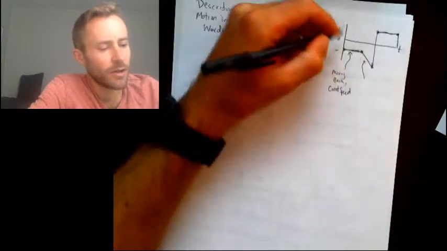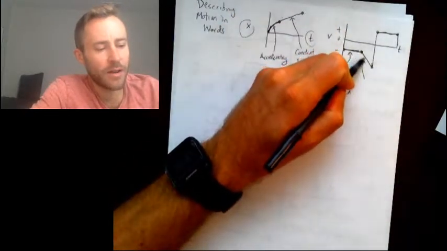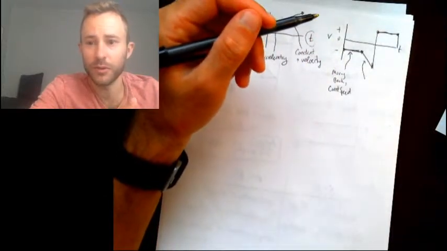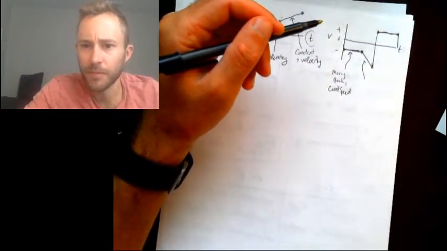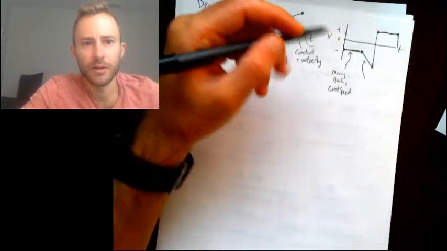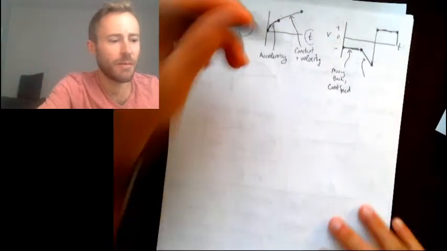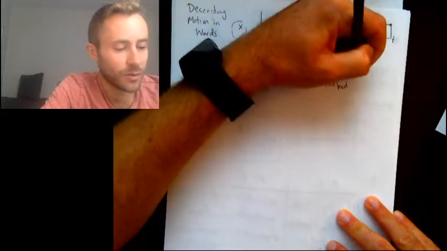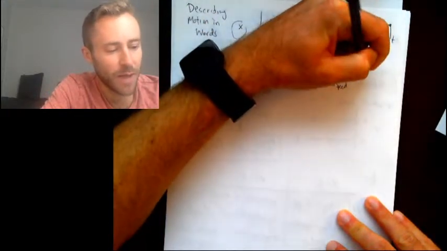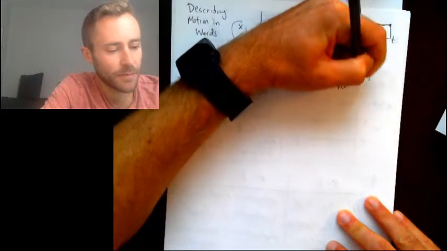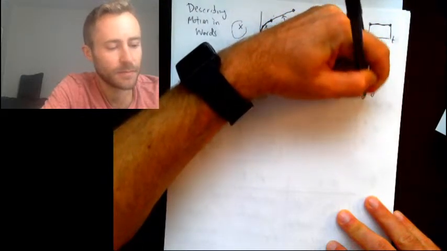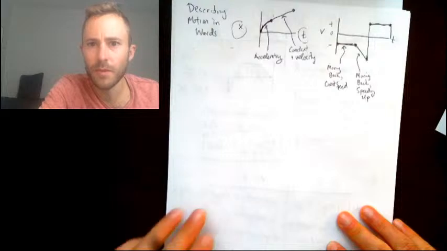Here, the velocity is getting further and further from zero. So that means that we're going faster. Okay? So in this second part, we're moving back and we're speeding up. Okay?